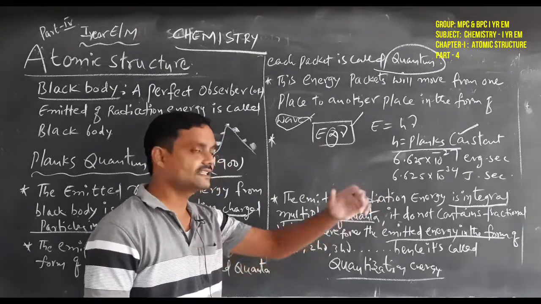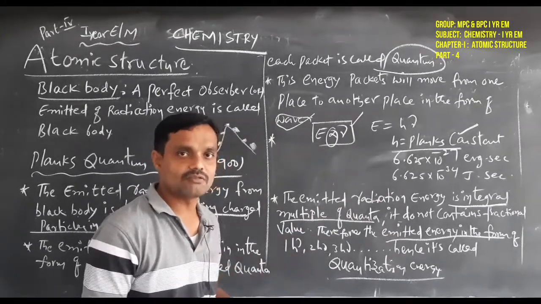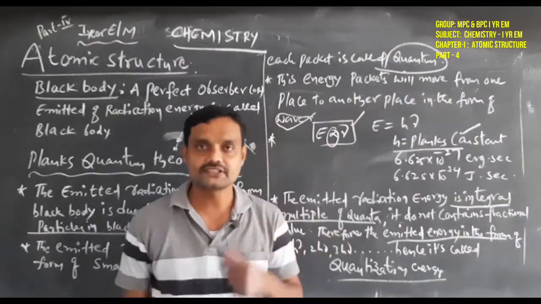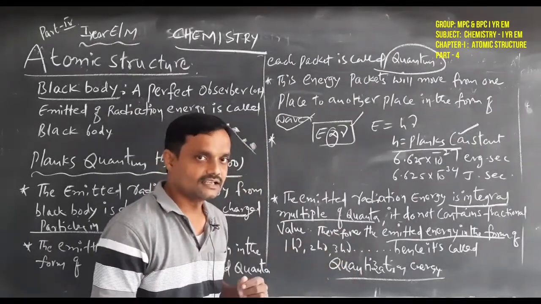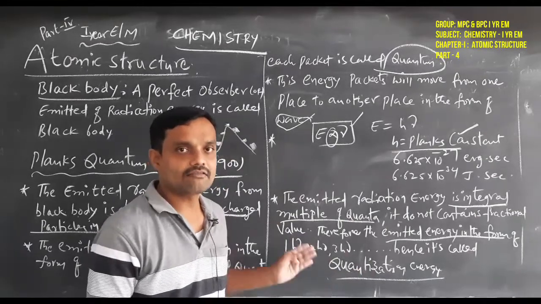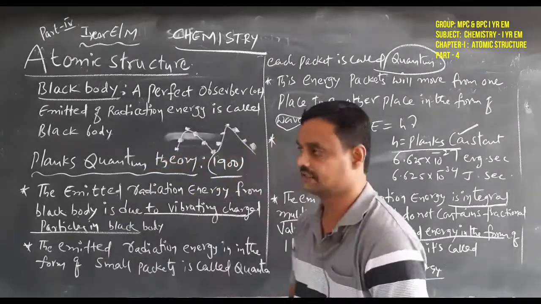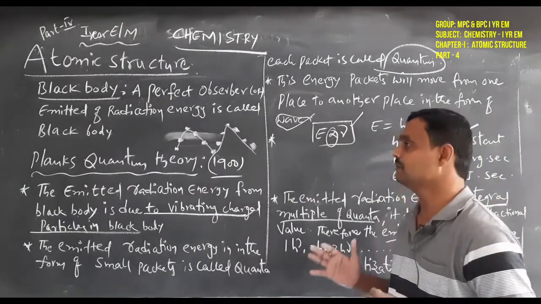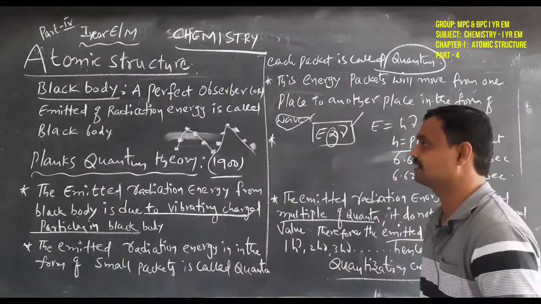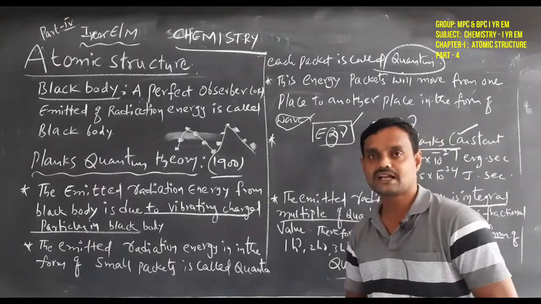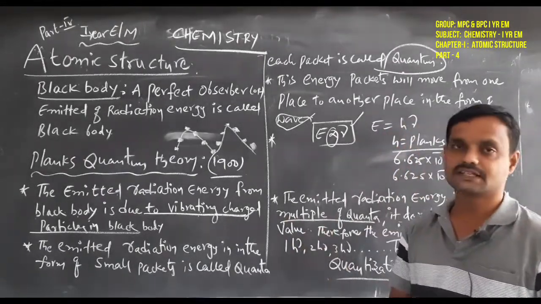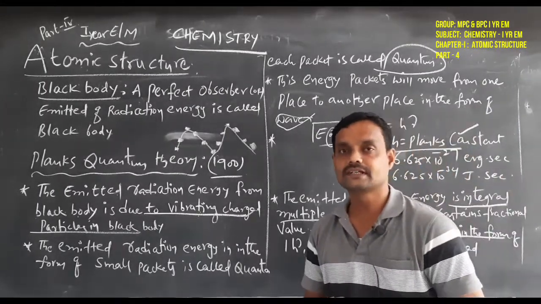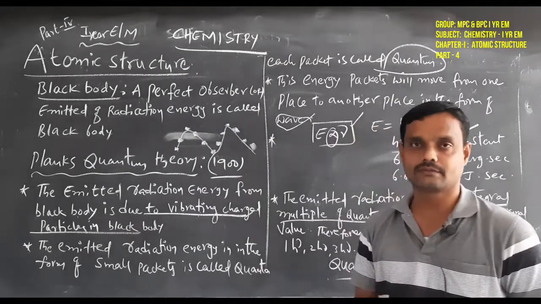Hence the emitted radiation energy is in the form of 1h nu, 2h nu, 3h nu, 4h nu, 5h nu, and so on. Hence it is called quantization of energy. So this is the main postulate in Planck's quantum theory. Max Planck introduced this quantum theory mainly to explain the behavior of the black material, nothing but the black body.